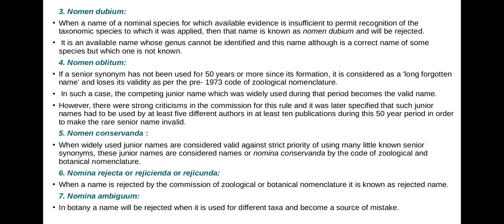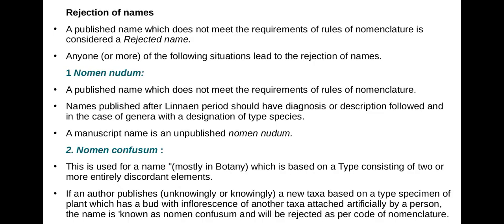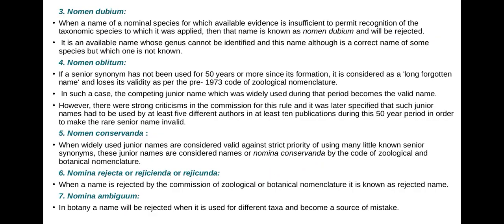However, there were strong criticisms in the Commission for this rule, and it was later specified that such junior names had to be used by at least 5 different authors in at least 10 publications during this 50-year period in order to make the rare senior name invalid. Otherwise, there would be a great amount of controversy because of this law.